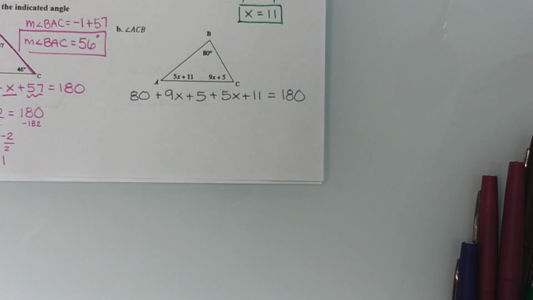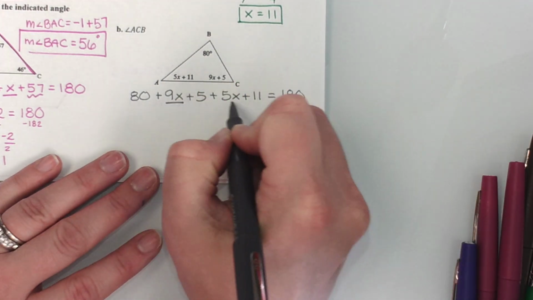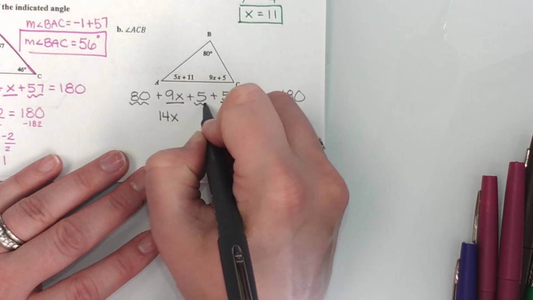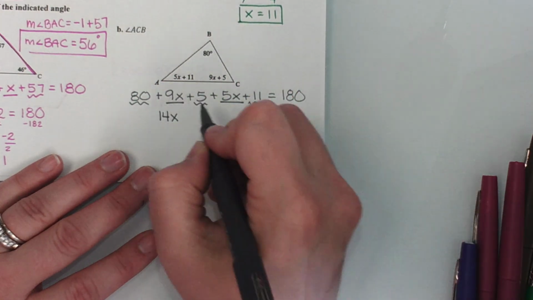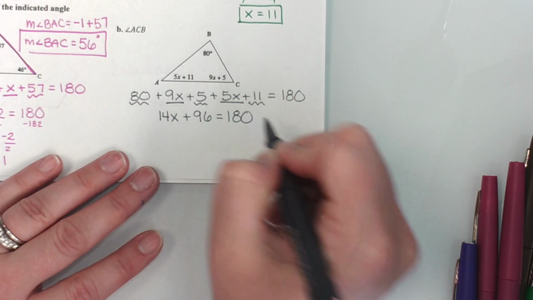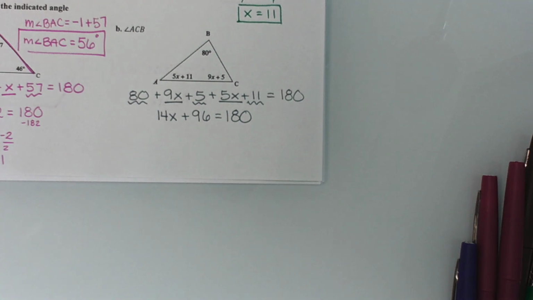Fiji. If I want to solve, what am I going to do now? Add the like terms. I got a 9x and a 5x, which is a 14x. I got an 80 plus a 5 plus an 11, which is 96. Leo, what should I do now?